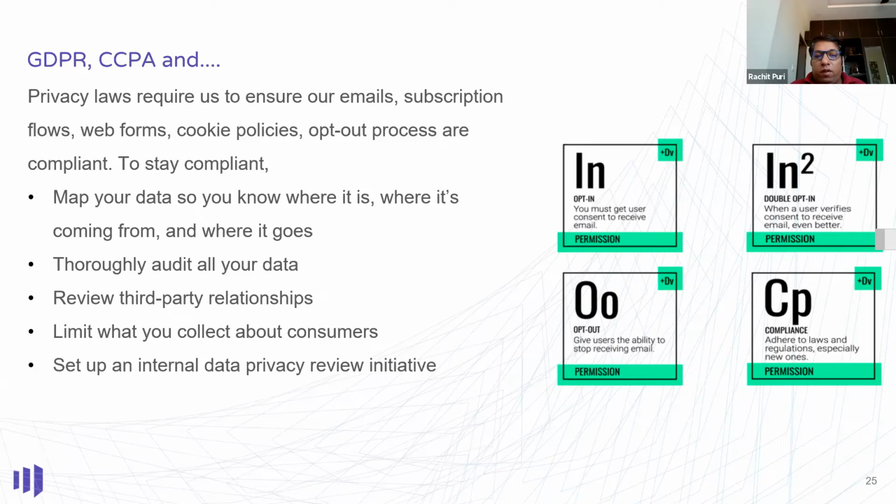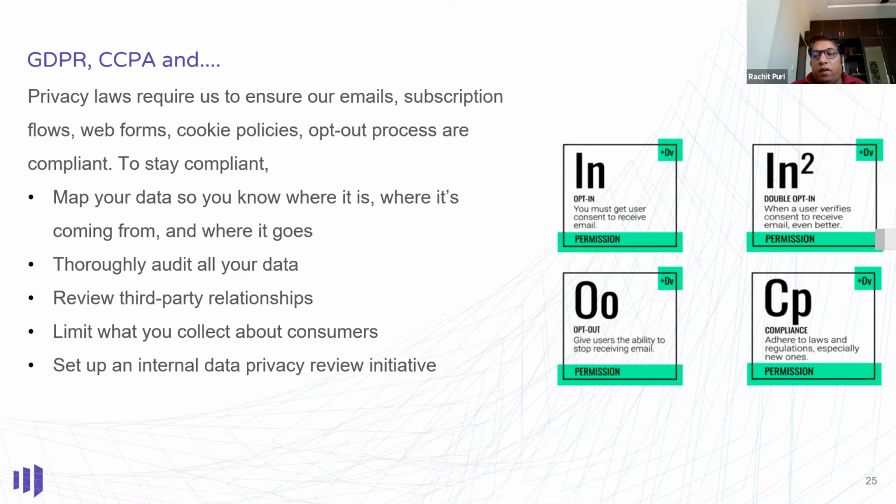Then try to limit what you collect about consumers. This is the most tricky thing. From a marketer's perspective, we have always wanted to collect as many data points as we can to create more personalized content and optimize our campaigns. But to make sure that we are compliant with the law, we also have to limit what we are collecting.